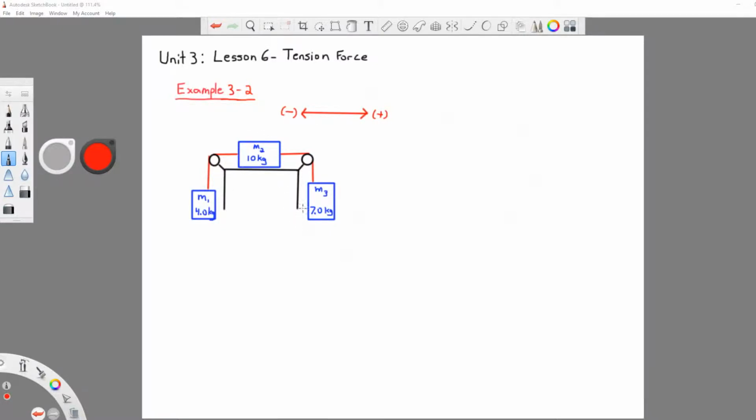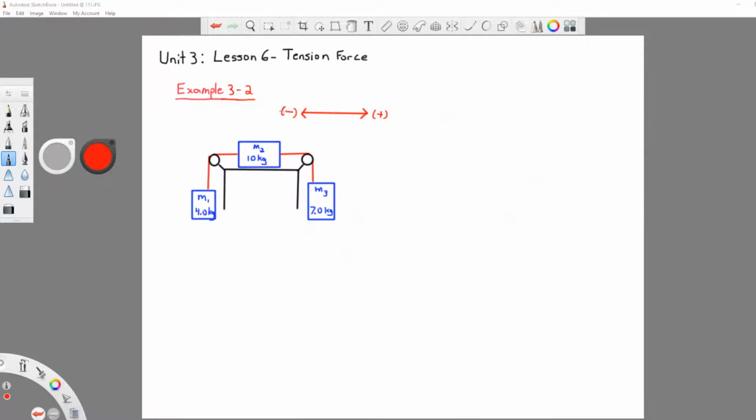Before we get going, we have our diagram. We have a pillar here, and on this pillar there is a 10 kilo mass, and to either side of it there are masses hanging from a pulley. Now I think we can tell right away that since this 7 kilo mass is heavier, the system is going to be pulled to the right.